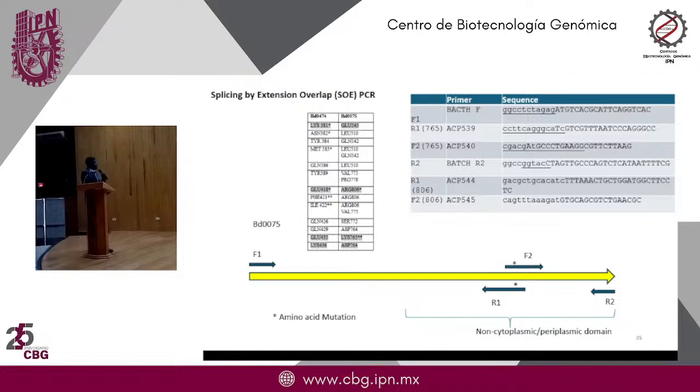The technique we used in making the mutation is called splicing by overlap extension PCR. We had 4 primers: F1 and R1, and F2 and R2. What we did was to introduce the mutations into the inner primers, which are the F2 and R1. And so we did an SOE PCR, as it is called, to get the mutations.